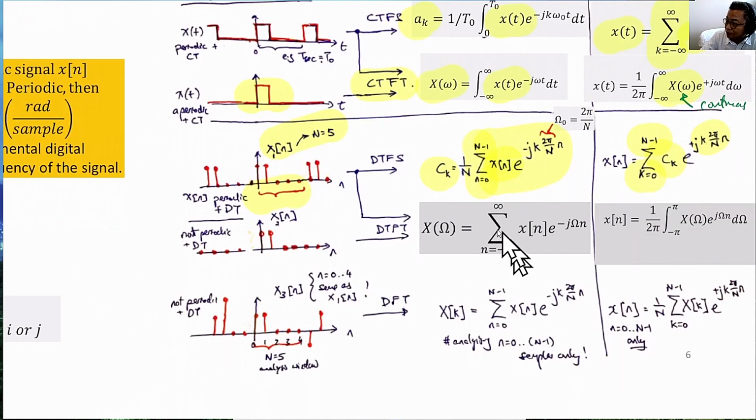What about the discrete time Fourier transform? Well, this signal is aperiodic. Since it's aperiodic, we cannot use n equals 0 to big N-1, because there is no big N, that is the period. So instead, we have to deal with the entire signal from n equals minus infinity to infinity.